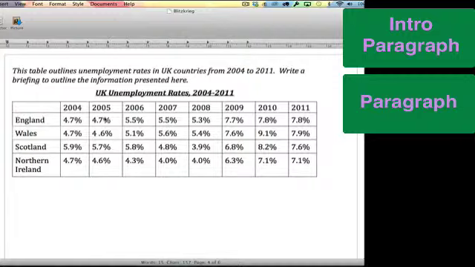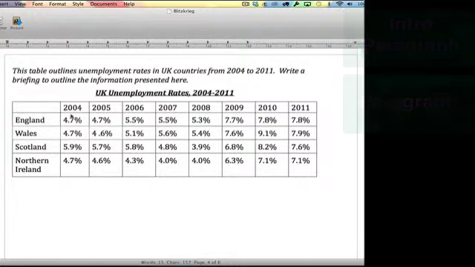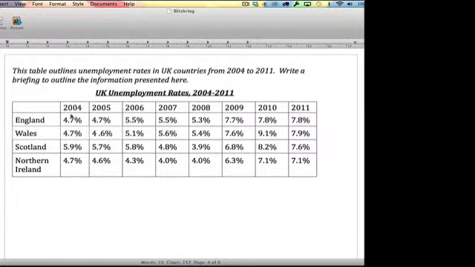We can condense everything and make it as concise as possible. And the piece could finish with a reiteration that all 4 countries show similar figures over the period in question, which would be a nice way to finish off the task 1 response.